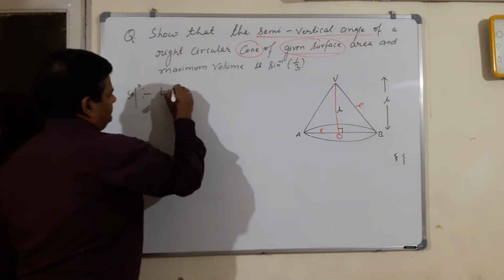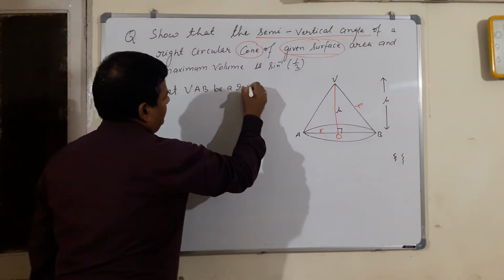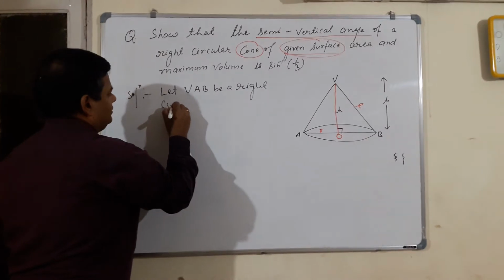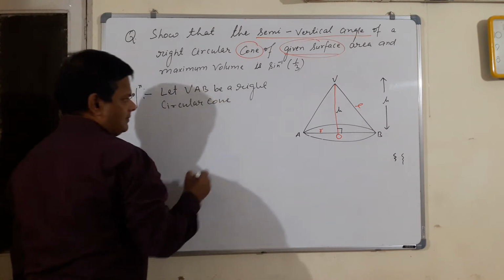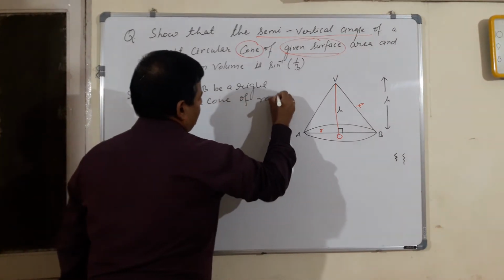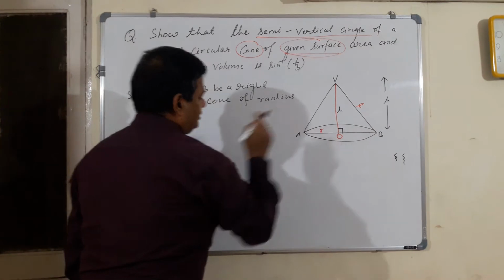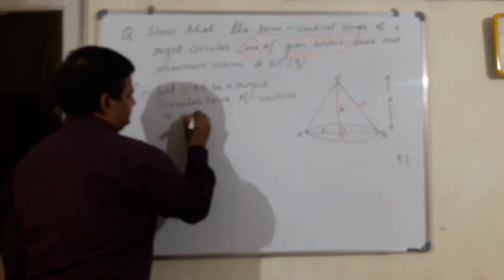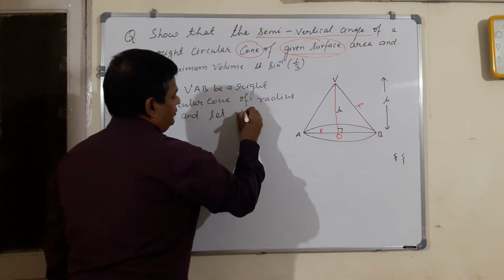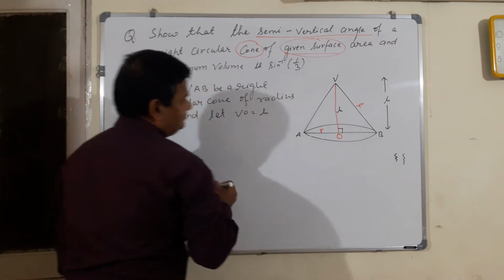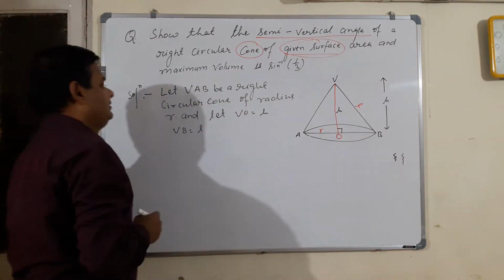Let VAB be a right circular cone of radius R. Radius is R, OA is equal to R, and let VO is equal to H, VB is equal to L, where L is the slant height.